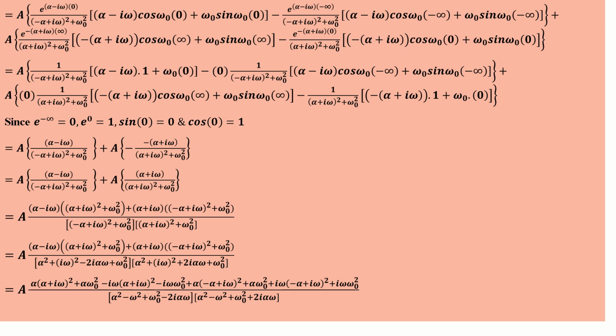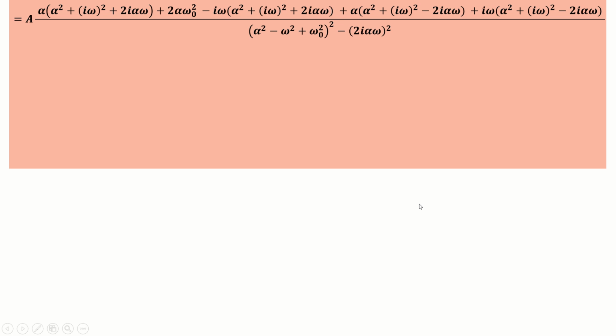So this is equal to a into alpha square plus I omega square plus 2I alpha omega plus 2 alpha omega naught square minus I omega alpha square plus I omega square plus 2I alpha omega plus alpha into alpha square plus I omega square minus 2I alpha omega plus I omega alpha square plus I omega square minus 2I alpha omega.